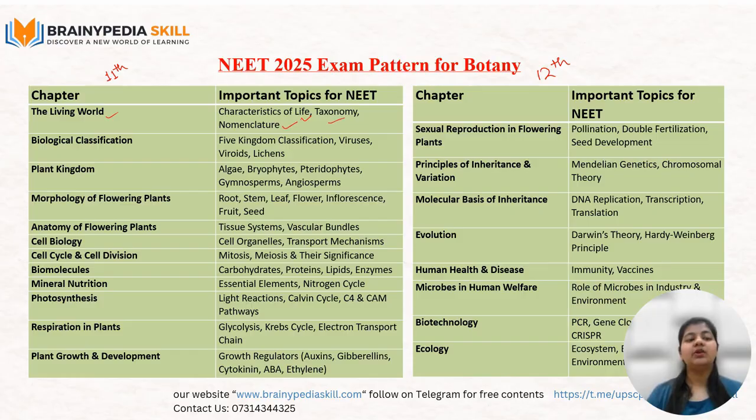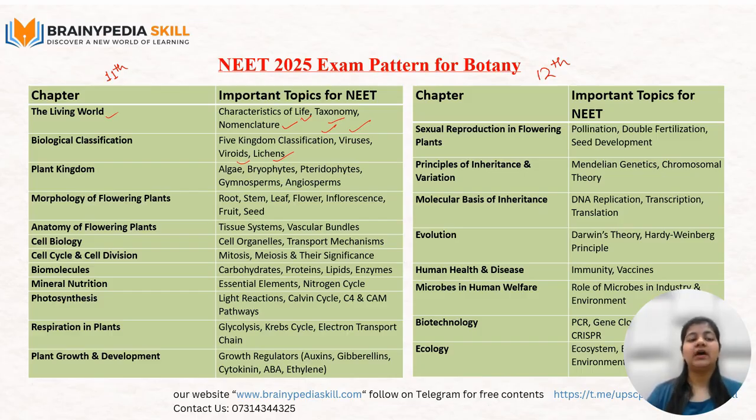Okay. In biological classification, we will go deeply into five kingdom classification, viruses, viroids, lichens. Okay. In plant kingdom, we will go through algae, bryophytes, pteridophytes, gymnosperms, and angiosperms.